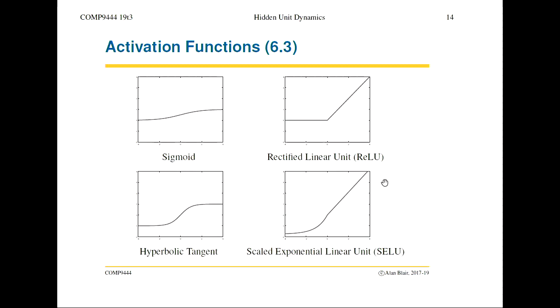All right, so these are the two activation functions we talked about so far. These are all plotted on the same scale. This is the sigmoid, and this is the hyperbolic tangent.